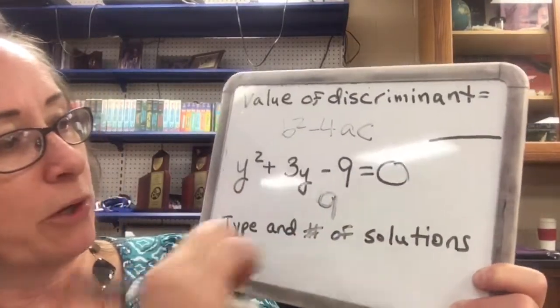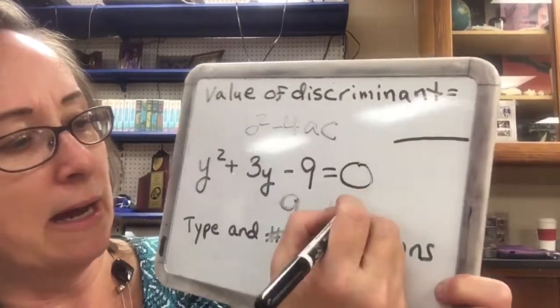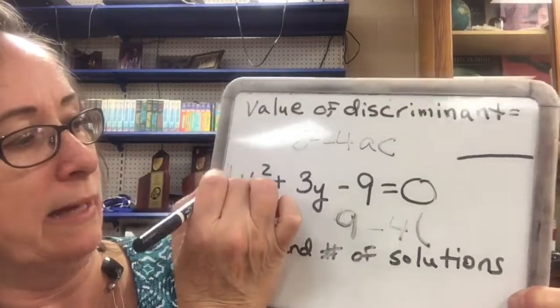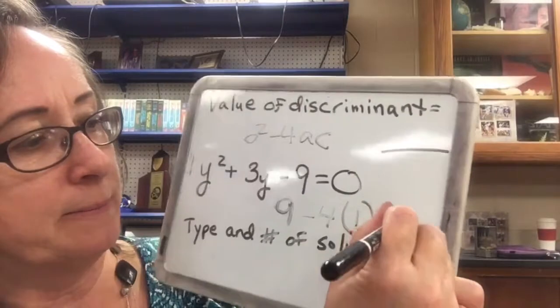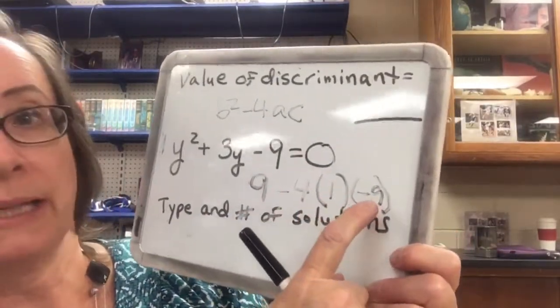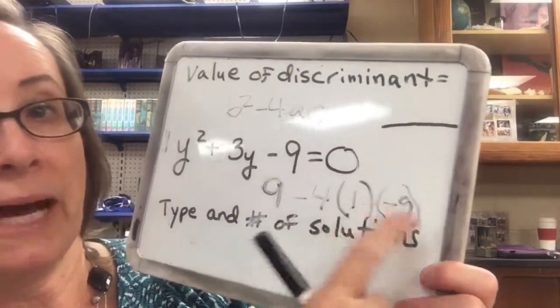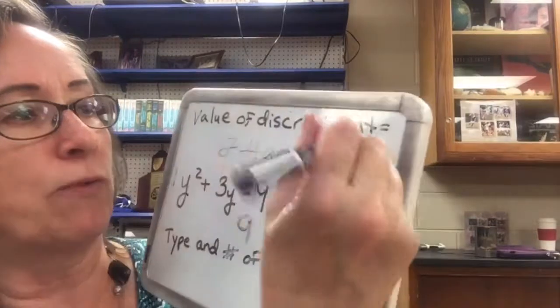I got to get a new marker here. 9 minus 4 times a, which is 1, times c, which is negative 9. All right, so now notice that I've got negative 4 times a negative 9, which is going to be a positive 36, and 36 plus 9 is 45.